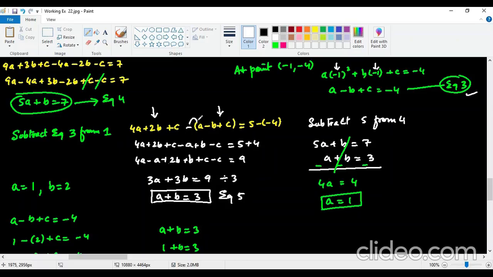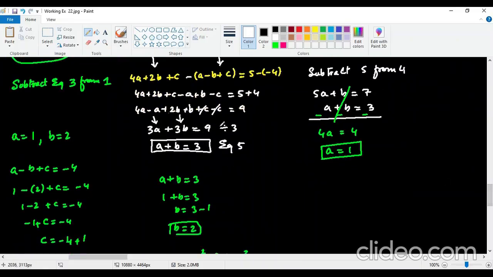So all the signs change: minus b becomes plus b, and plus b becomes minus c, and 5 plus 4 is going to give us 9. The c and c are going to cancel, and 4a minus a is going to give us 3a, and 2b plus 1b gives us 3b equals 9. To simplify, I have divided this by 3 to give me a plus b equals 3.